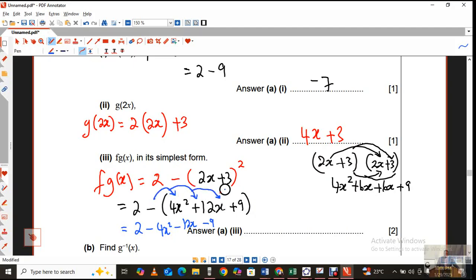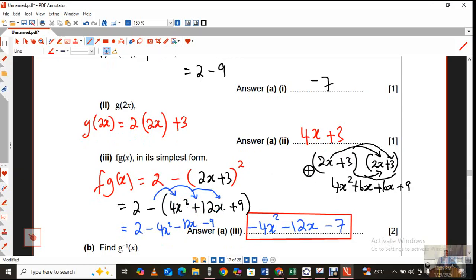So what do I have? Minus 4x squared, minus 12x, but the numbers: 2 minus 9 is minus 7. And this is the answer. There you go, so you have simplified it.